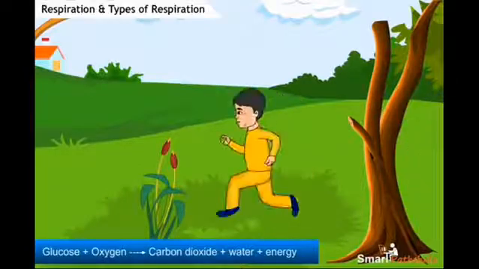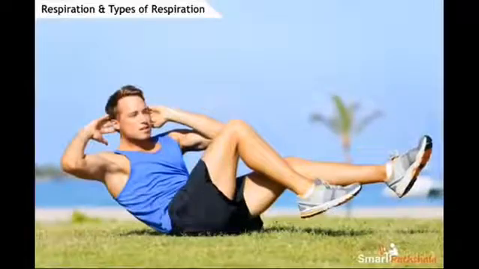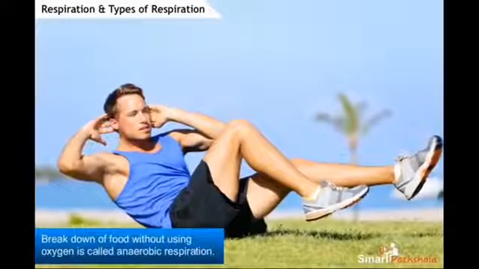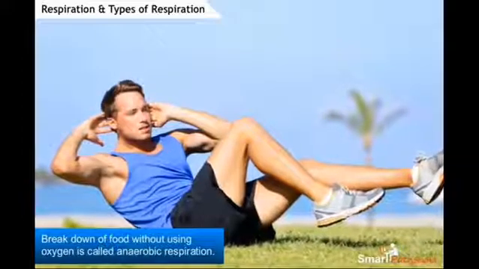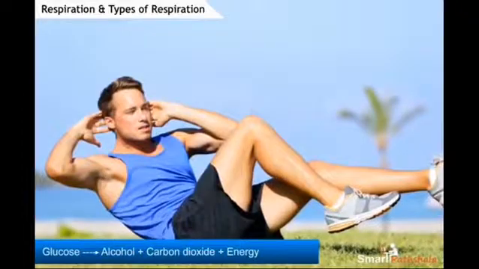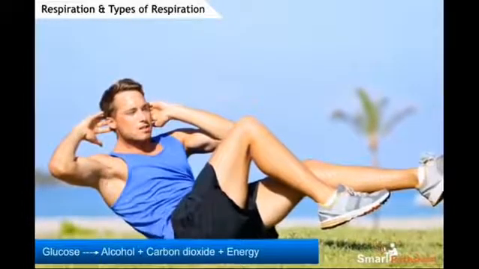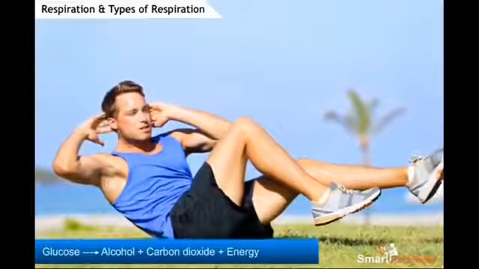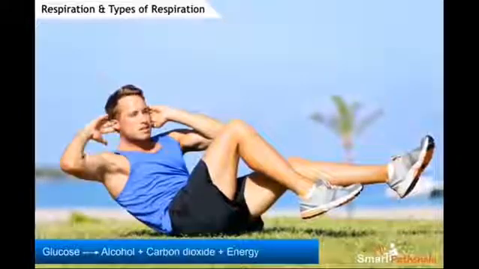More energy is released during aerobic respiration. Food can also be broken down without using oxygen. This is called anaerobic respiration. In anaerobic respiration, glucose is broken down into carbon dioxide and alcohol. Little energy is released during anaerobic respiration.